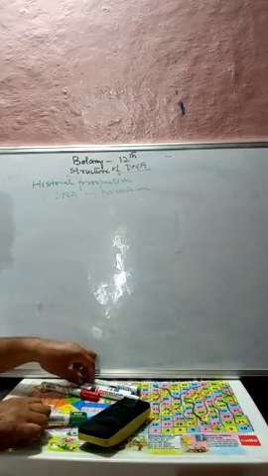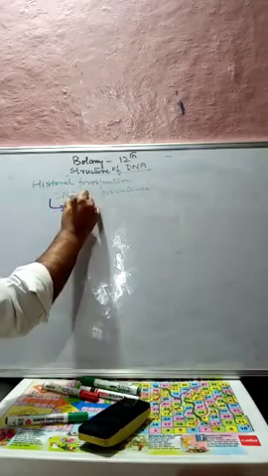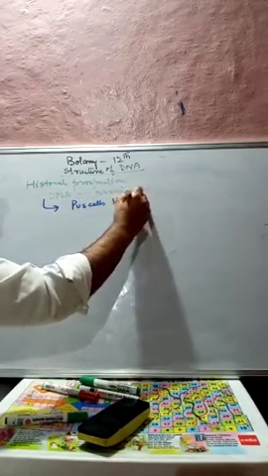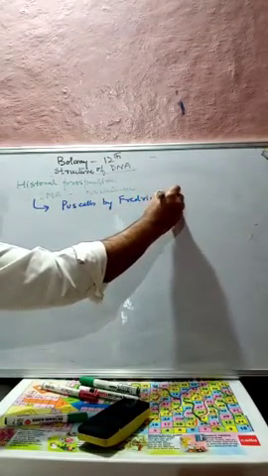DNA is a nucleic acid and it was first of all reported in pus cells by Frederick Miescher.